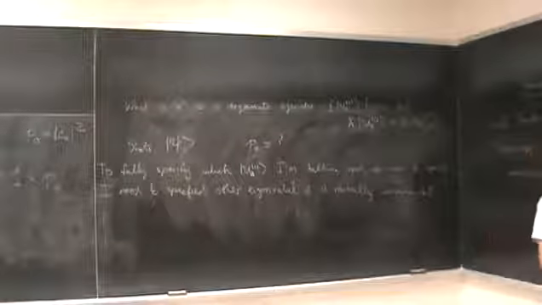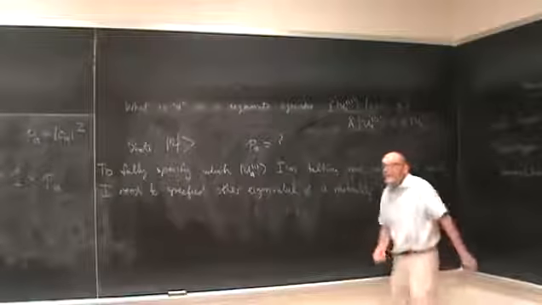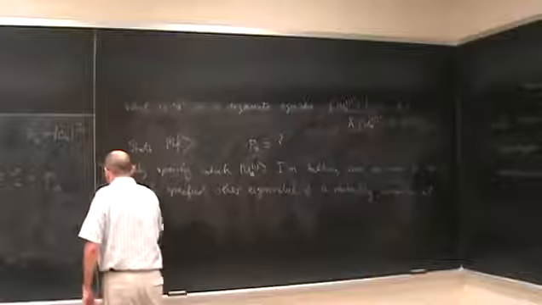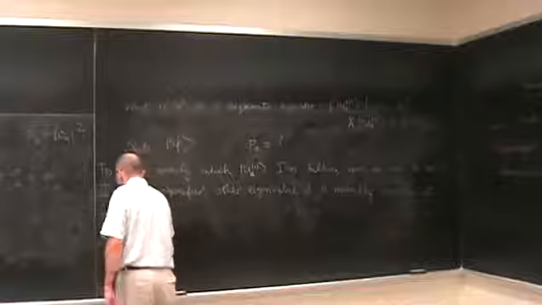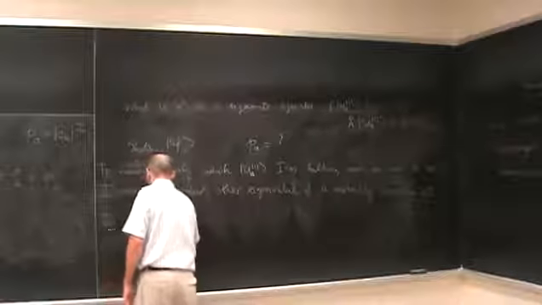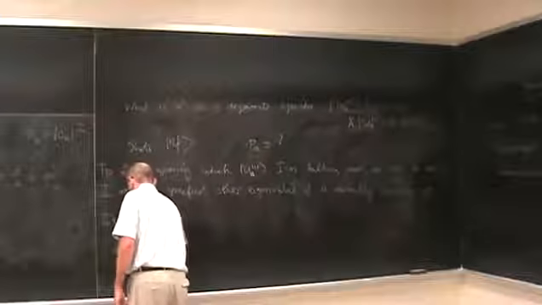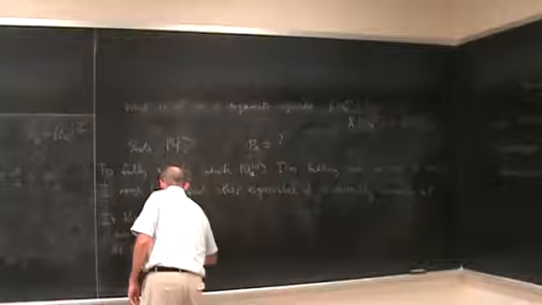But suppose, so there's two possibilities I might consider. If the device doesn't measure the other observables, well, it doesn't know which one it got.